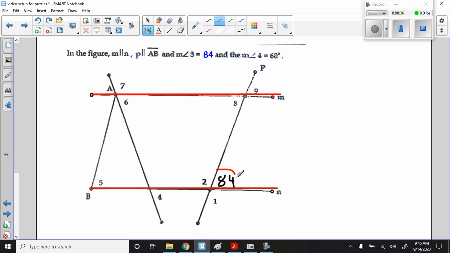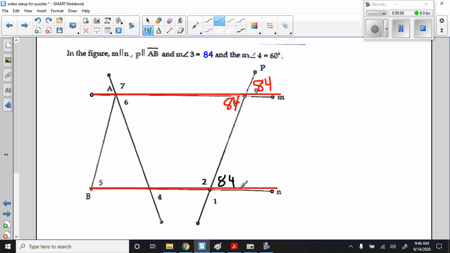So take a look, top right corner, they're equal. That works. Alternate interior angles, 84 and 8 are also going to be equal. So 84 here, 84 here, because I did corresponding angle here.